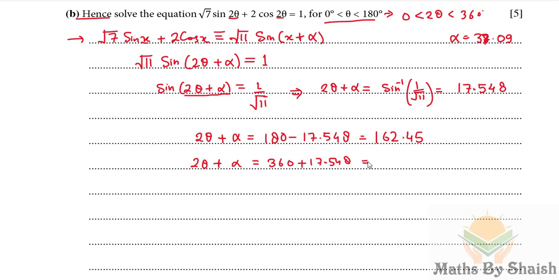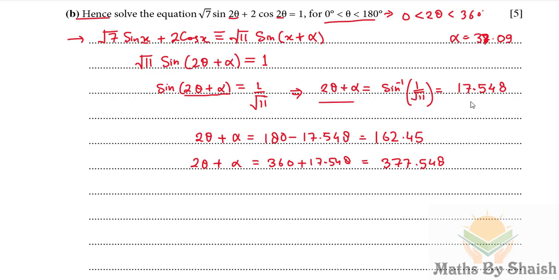So 360 plus 17.548, it is coming 377.548. Now if we calculate any other angle, the next angle would be 360 plus this, that would of course be more than this, so we have to calculate theta now from this.